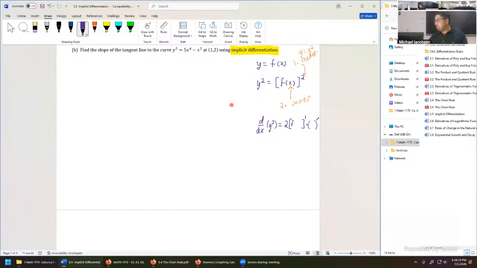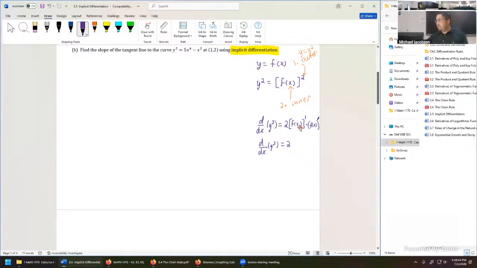So f of x going inside both of these would look like this. Here's the f of x here, and here. Let me make sure those parentheses don't get too compressed there. So there's the derivative, there's f of x copied into two spots. So now this is telling us d by dx of y squared equals 2.